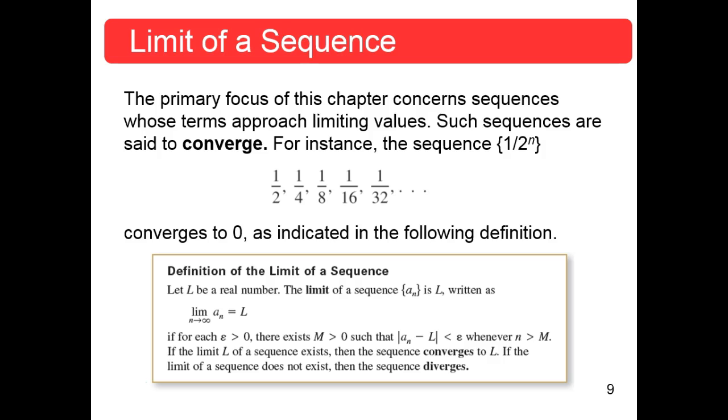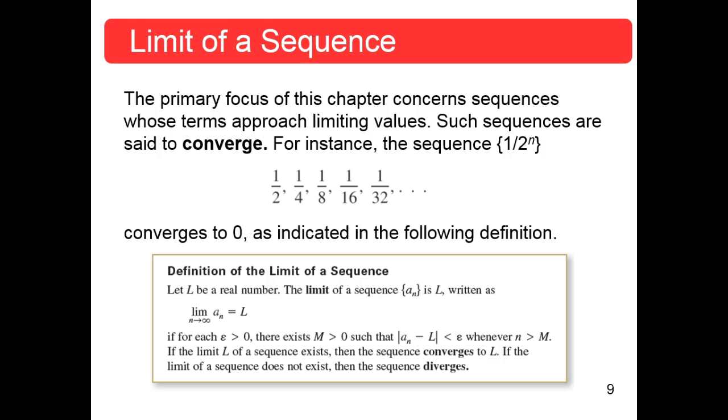Okay, convergence to 0 is indicated in the following definition. Let L be a real number, any real number. The limit of a sequence, A sub n, is L, written as this: limit as n goes to infinity of A sub n is L, if for every epsilon, this sounds like a good old limit again.